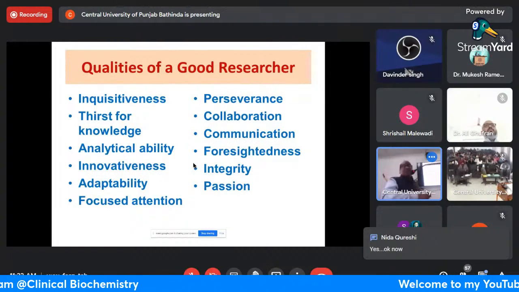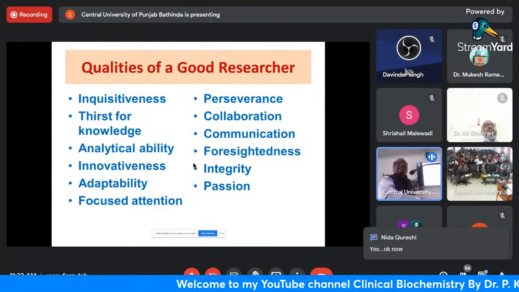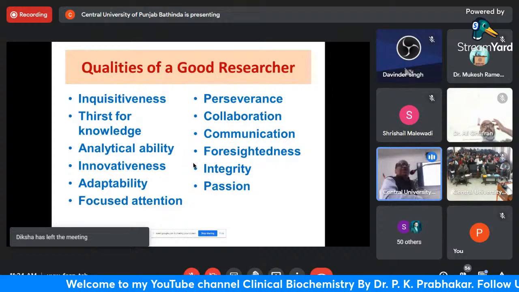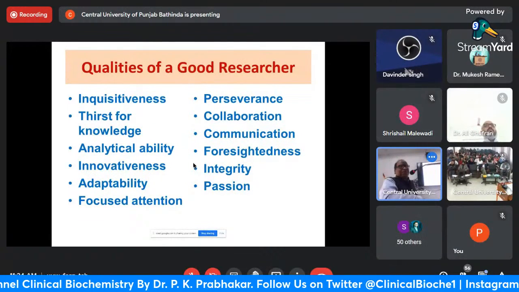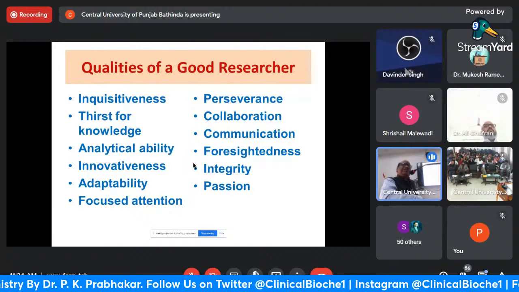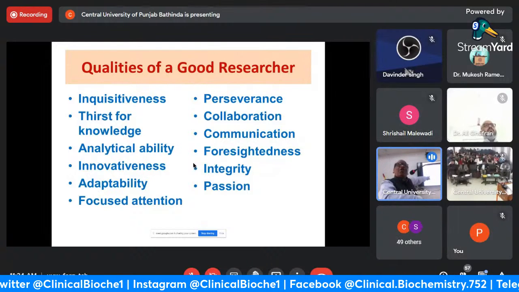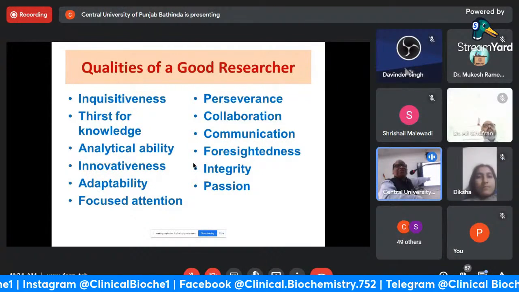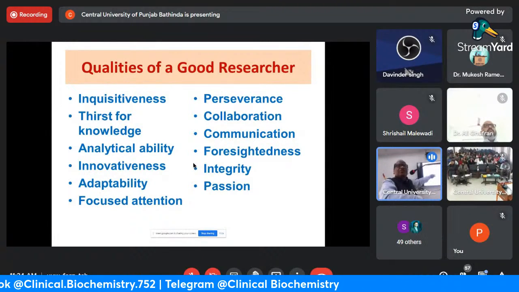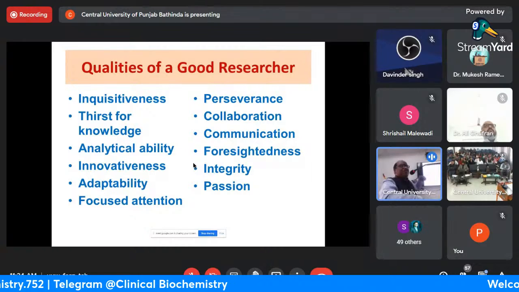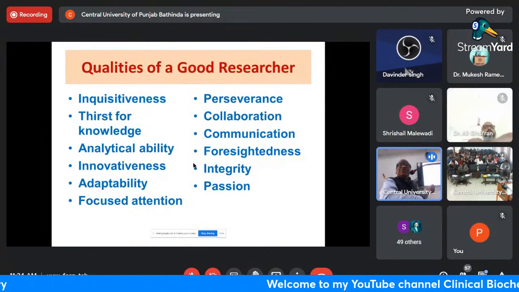In many cases nowadays, young researchers should know what the qualities of a good researcher are, because these matter a lot in the process of investigation. In many cases researchers want a shortcut approach to their research.